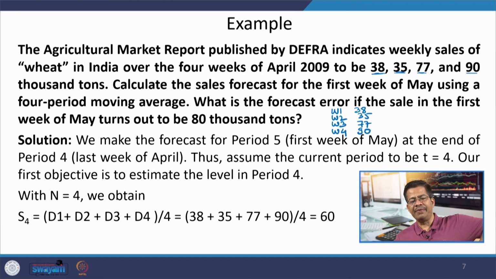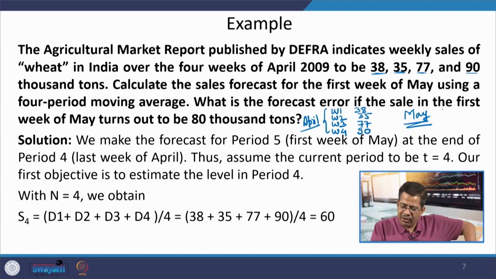Now, I have to determine the forecast for the first week of May. If I take the moving average period equal to 1, the forecast for the first week of May will be 90 if n is equal to 1.